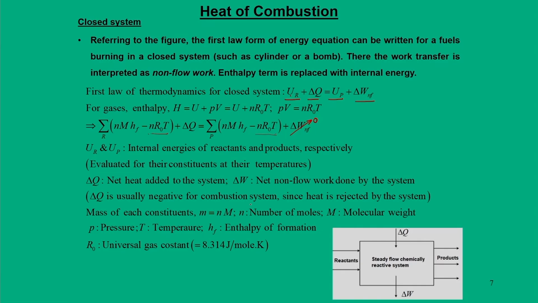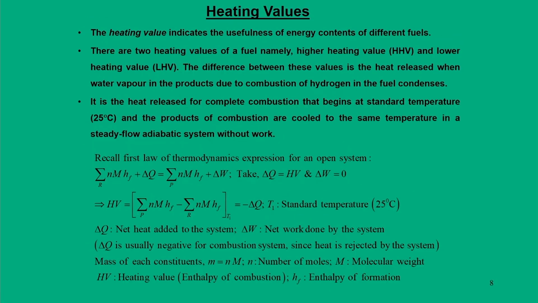N stands for the number of moles, and the total number of moles remains the same. The same analysis of open systems can be extended for closed systems by writing enthalpy as H is equal to U plus PV. So, that U can be represented in terms of H and PV. This is how the closed system analysis is done to interpret heat of combustion.